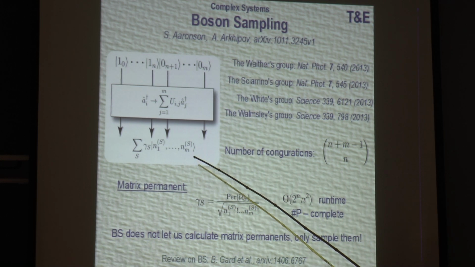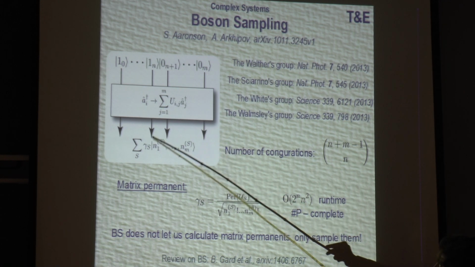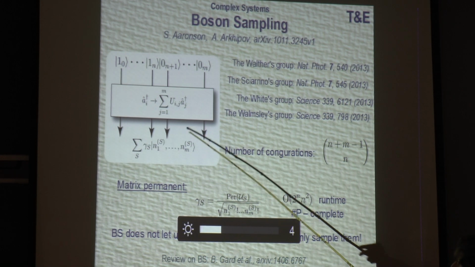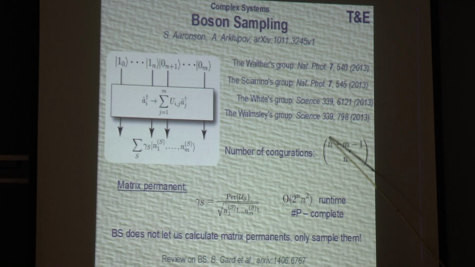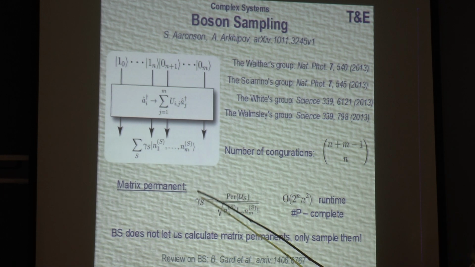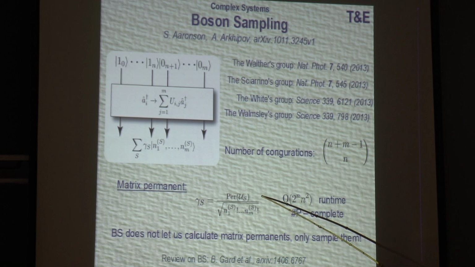Why is this so? It's because the number of configurations in which these 10 photons can appear on the output is super exponential, proportional to this binomial. But also because every single probability amplitude, computing it, is equivalent to computing a permanent of a very large matrix.